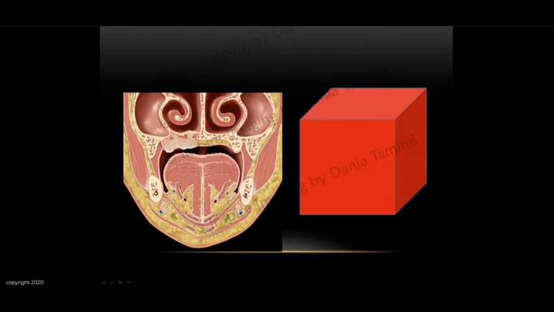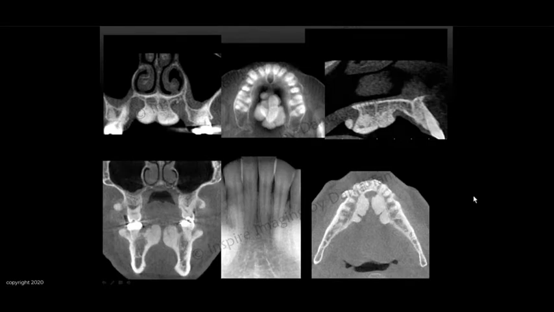So the tongue lives in a box, and the box needs to fit the tongue. So the tongue can't be too big and the box can't be too small. Some of the things that can crowd the tongue out of the oral cavity are the tori. So these are really large palatine tori. We can also have mandibular tori here. And sometimes we'll have alveolar process exostoses that make that area even smaller.